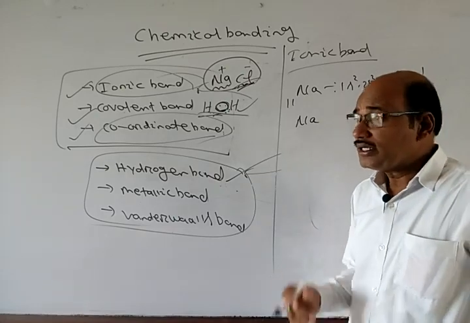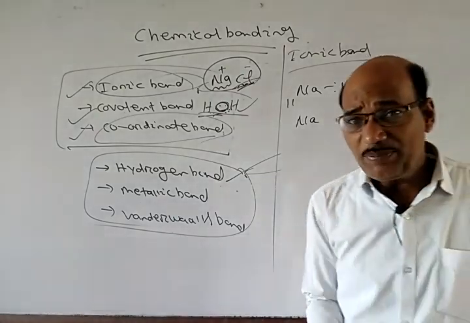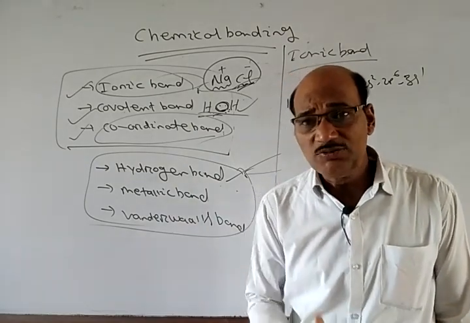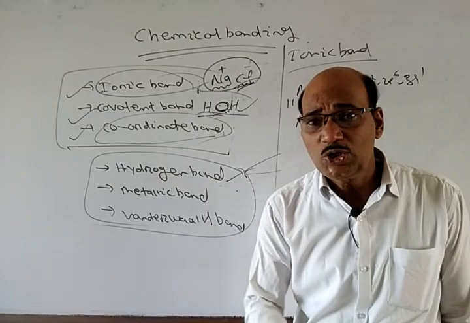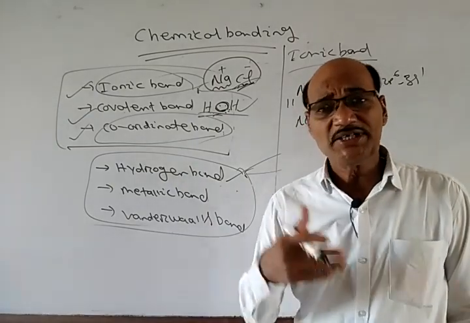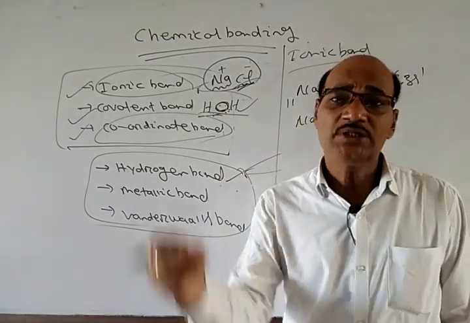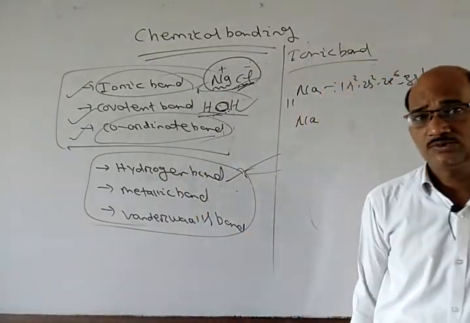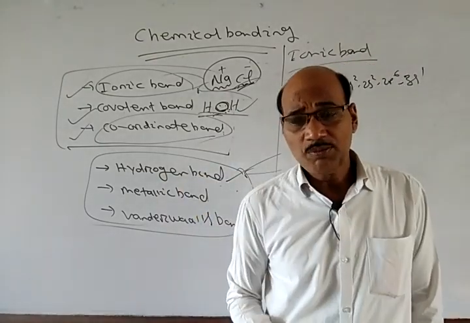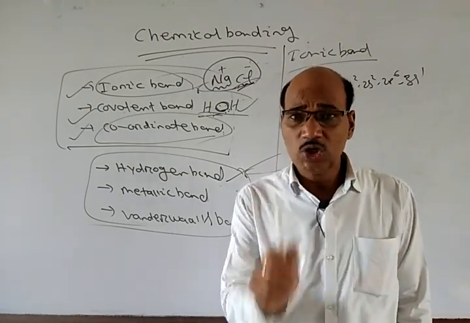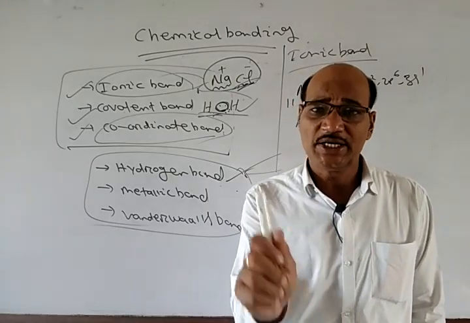So the ease of formation of ionic bond will depend upon what? The ease with which the atom is donating the electron, and who can donate easily? That which has a lower value of ionization energy. So one of the conditions for the better formation of ionic bond is the low value of ionization energy.